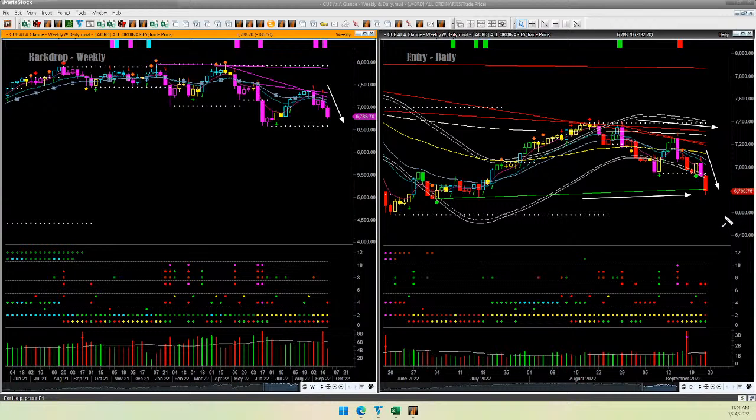Am I going to short now? No, because it is well below lower boundary. It is oversold also. Am I going to buy now?